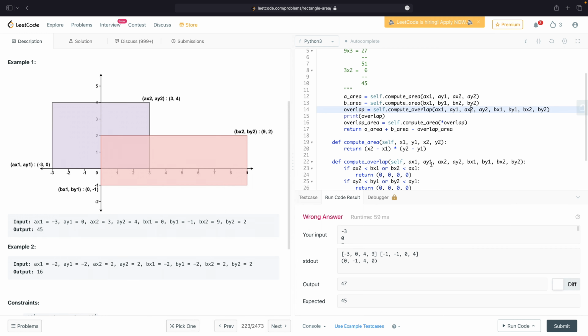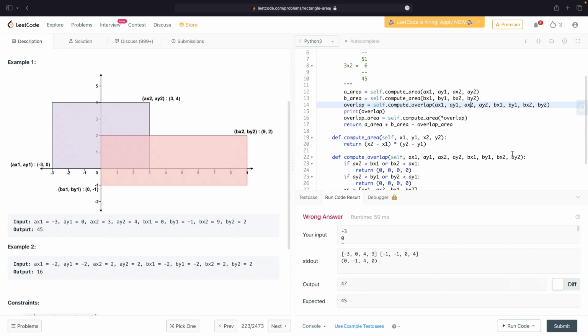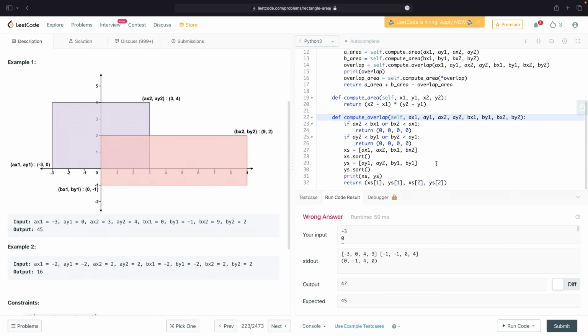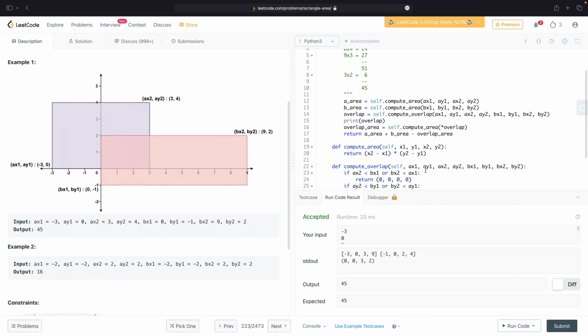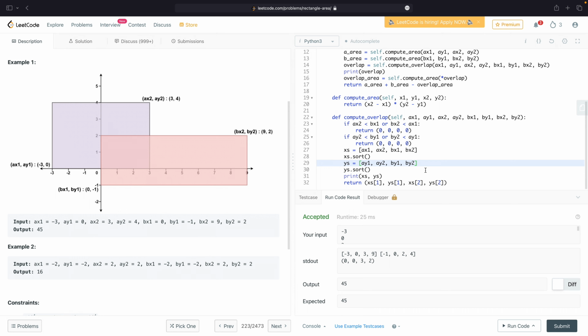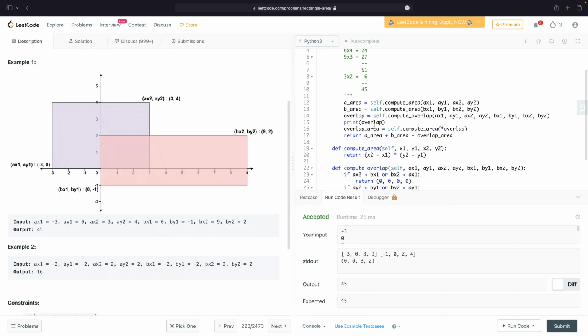A x1, a y1, a x2, a y2, b x1, b y1, b x2, b y2. That's correct. So hang on, why is y a y1, a y2, b y... typos? Oh my goodness. There we go. Once we've got the typos sorted, suddenly it gets a bit easier.